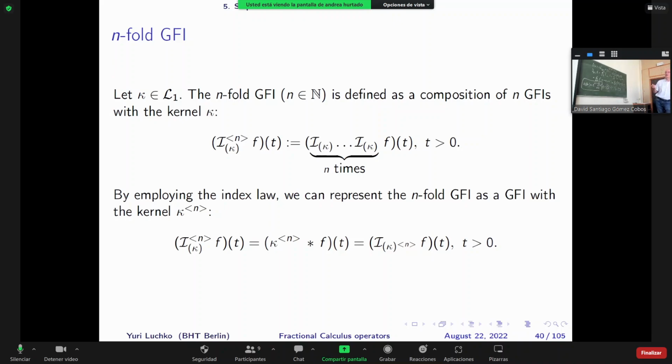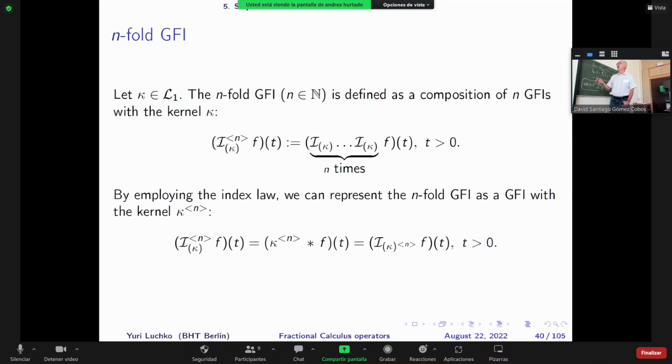As to the n-fold general fractional integral, its definition is a standard one, nothing new. It's just a repeated integral, but by employing the index law, we can represent this repeated integral, this composition, just as a convolution. It's nothing else than the n-fold convolution of the kernel kappa.